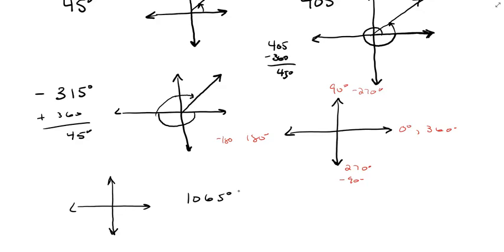So you start by plugging in 1065 in your calculator. Subtract 360. Well, now we're at 705 degrees. Oops, I forgot to put the minus 360. We're going to take away another 360. Oh, now we're at 345.